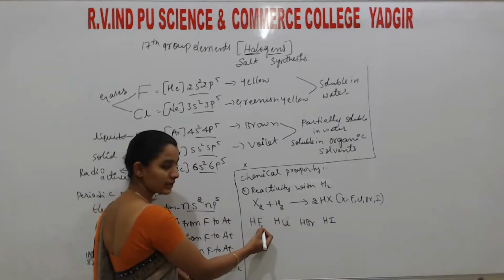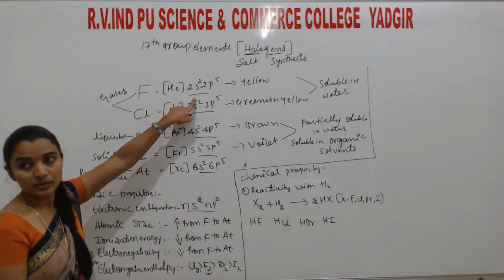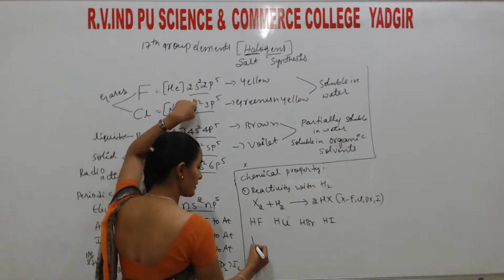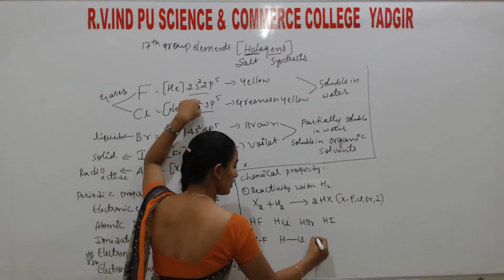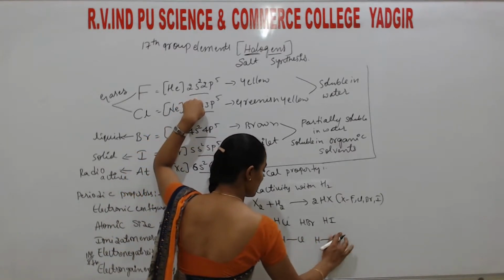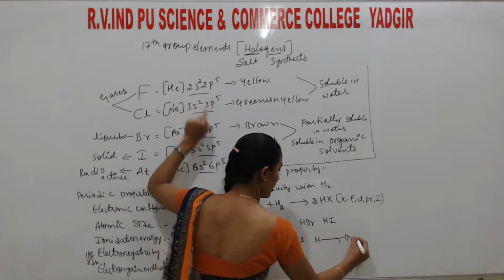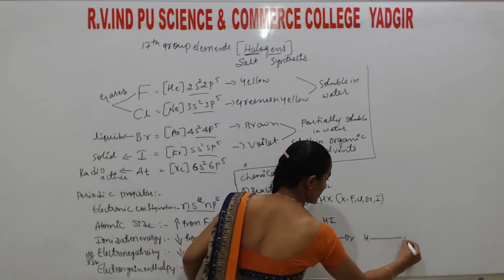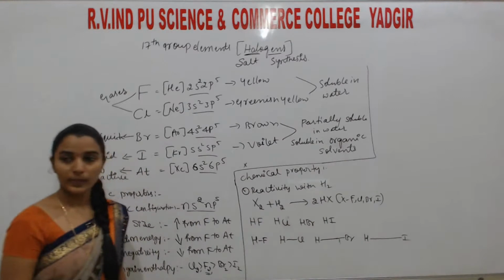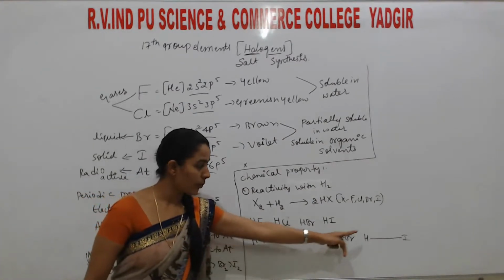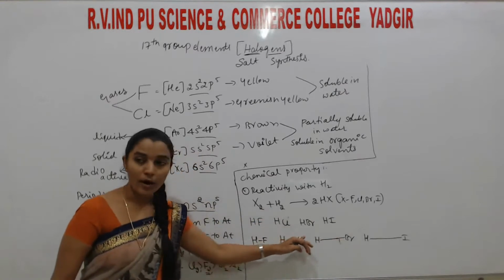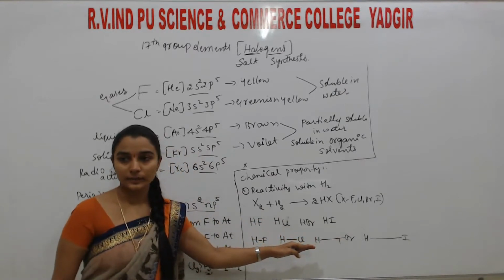Listen, fluorine has a smaller size, correct? So HF size is this much, HCl size is this much, HBr size is this much, and HI size is this much. So as the size of fluorine, chlorine, bromine, iodine increases, the bond length increases.